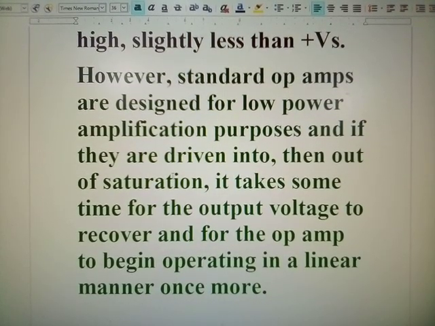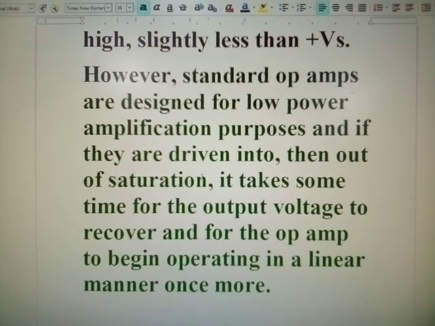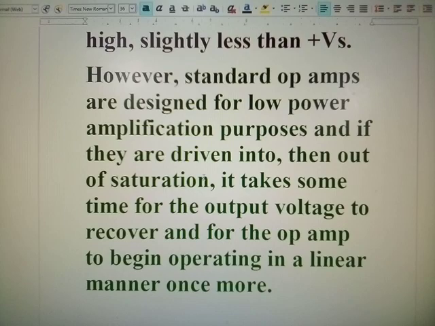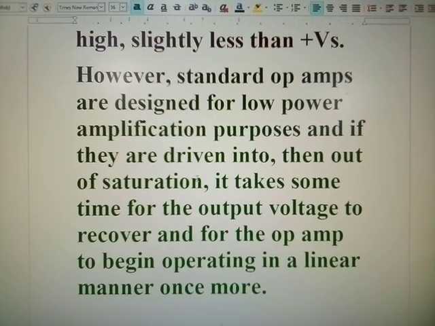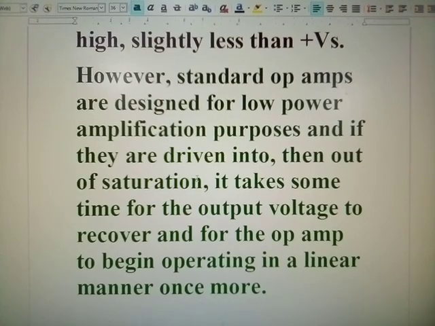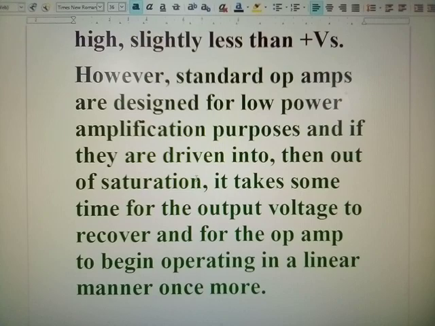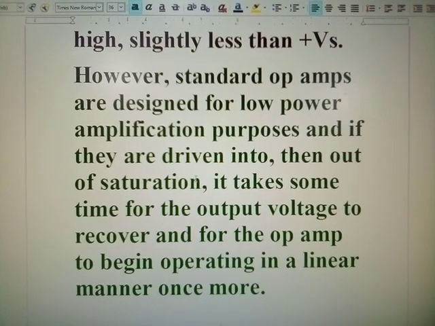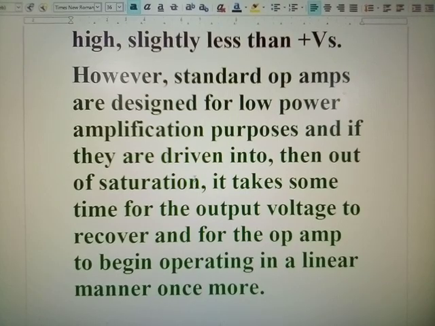So in short terms, once you utilize the op-amp, you need to have it set at the usage or voltages that you want to use it at. You can't keep driving it up and then driving it down and so forth. It will simply become, let's just say, inoperational. Basically, it will not operate in a manner that will be beneficial to the circuit to which you are applying it.